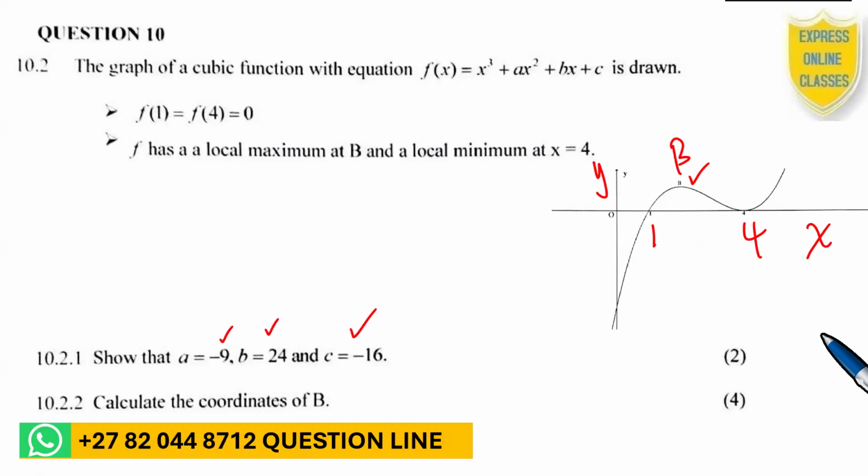How far with the 10.2.1? Please update me.